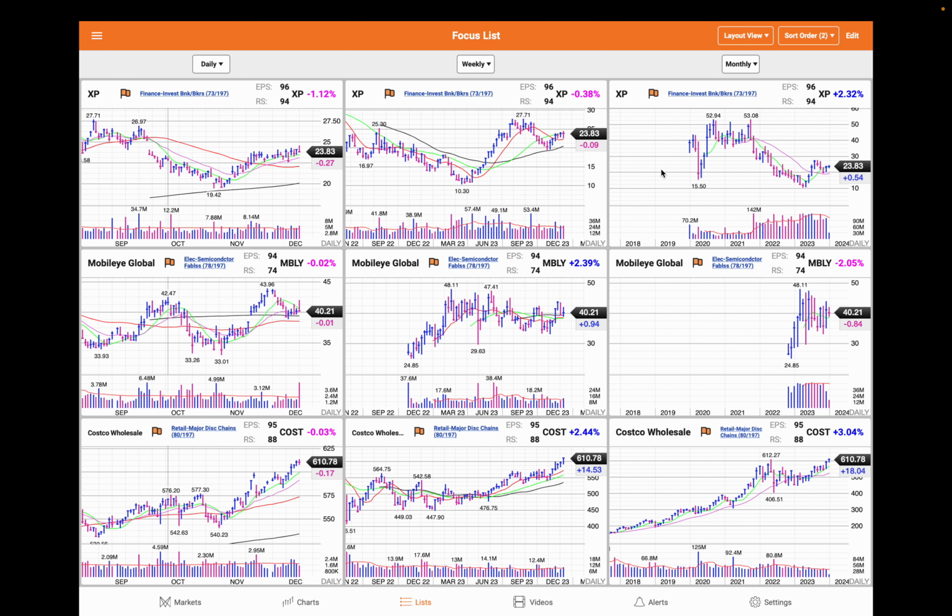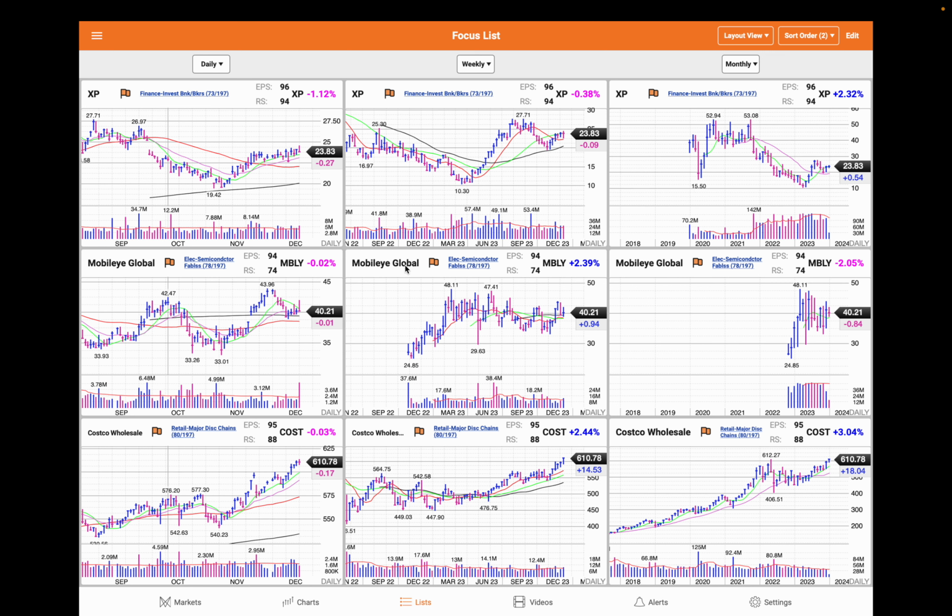So looking at the monthly chart, this is a terrible chart. I mean, it went from the 53 level to 10. So it has a lot of overhead supply over here. It's a turnaround once again. But Brazil is, economically speaking, having a good time. So I just need to watch.